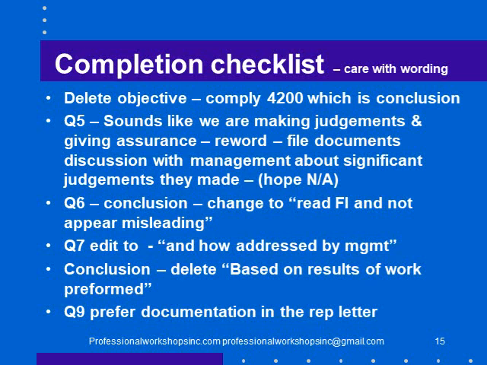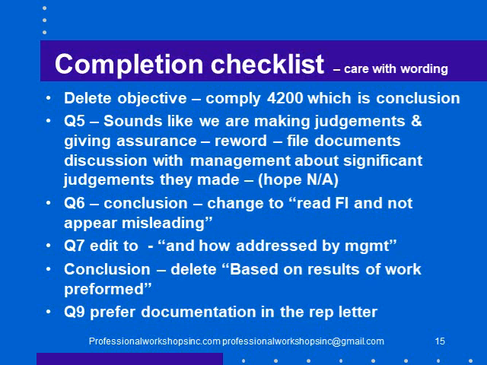But question 5, significant judgments made. I'm careful with that one. It sounds like we're making the judgments and giving assurance. I would reword it to something like, the file documents our discussions with management about significant judgments they made, and again, I'm going to hope it's not applicable. Question 6 is a conclusion, and I would change that to a compilation conclusion and put it at the end.